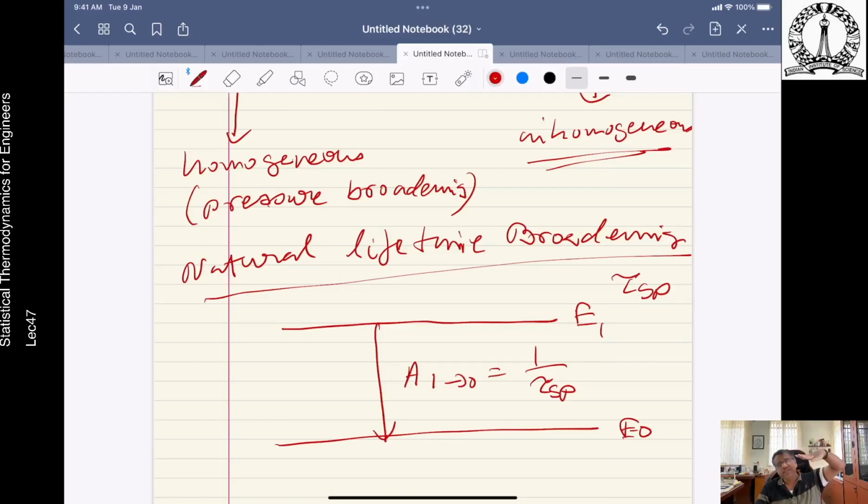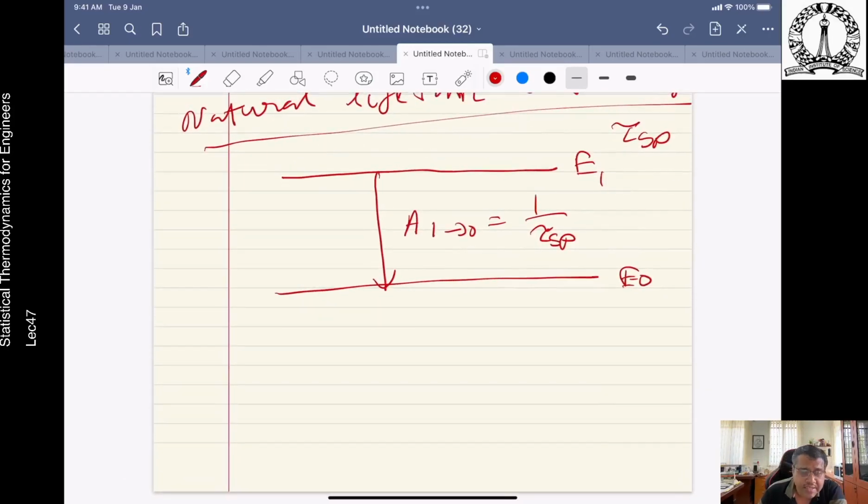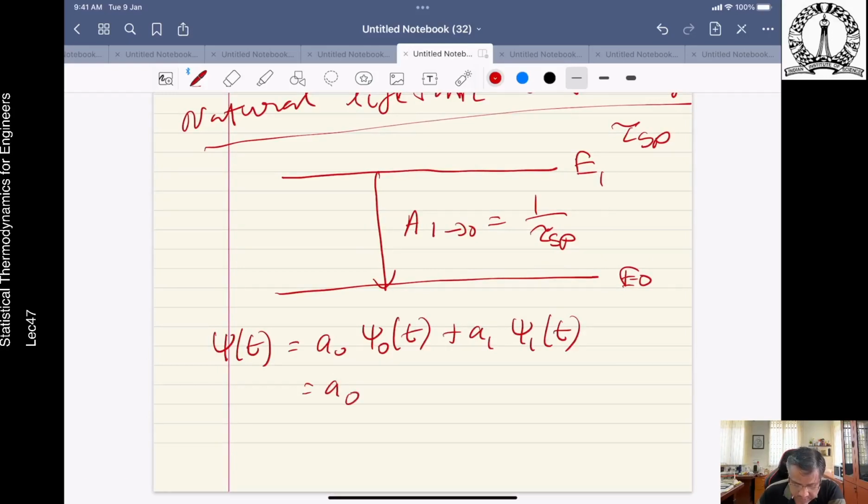Once you do that, the wave function that describes the state of the system is given as psi(t). We have done this before, so let us bring it here.